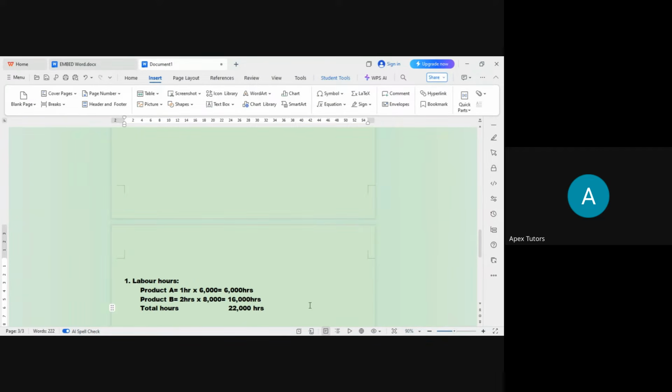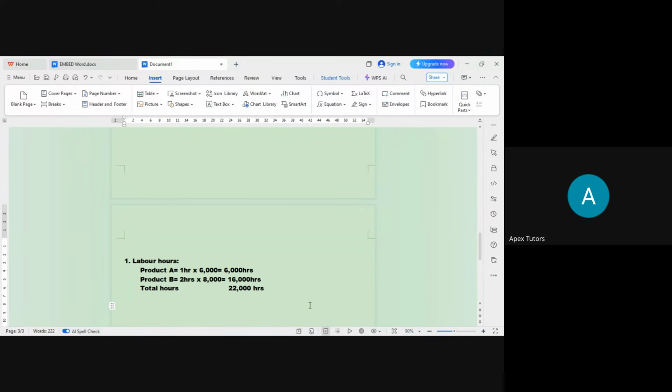Yes, so the total overhead cost given in the question is what? 264,000. Now the question is telling us that we should determine the overhead absorption rate using labor hours.